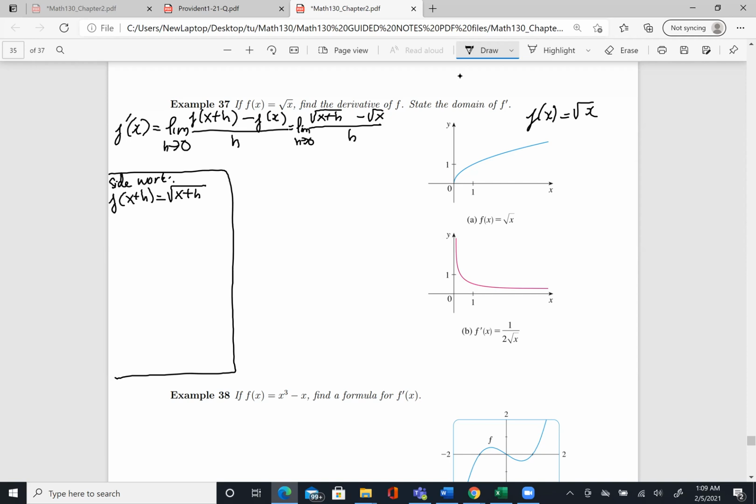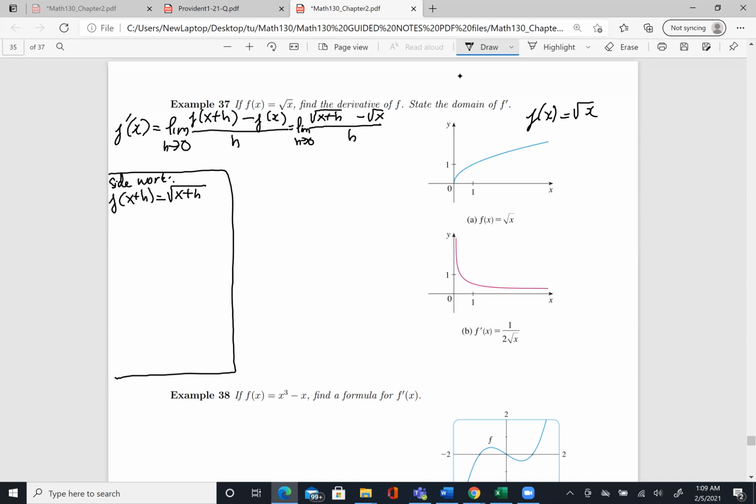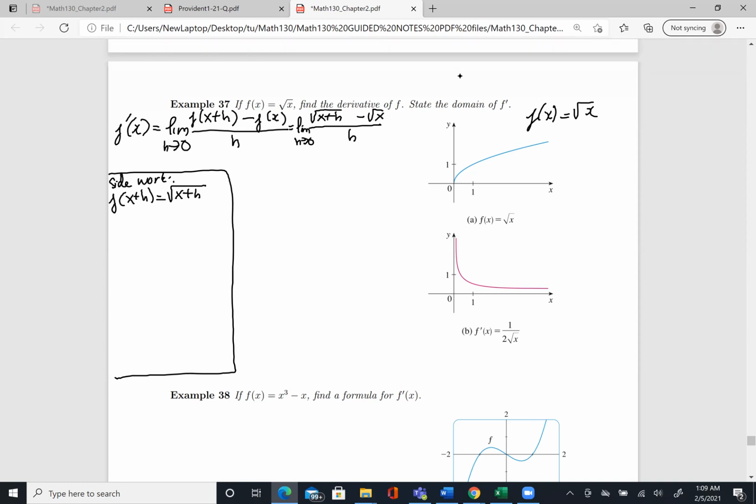All right. So now what should you do for the next step? You cannot directly substitute, right? You cannot factor the top. What should you do? You must think about the top right now having a subtraction between square roots.